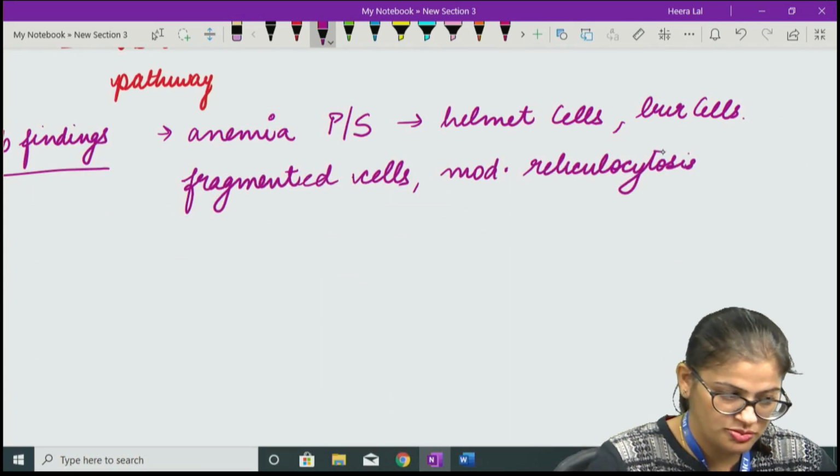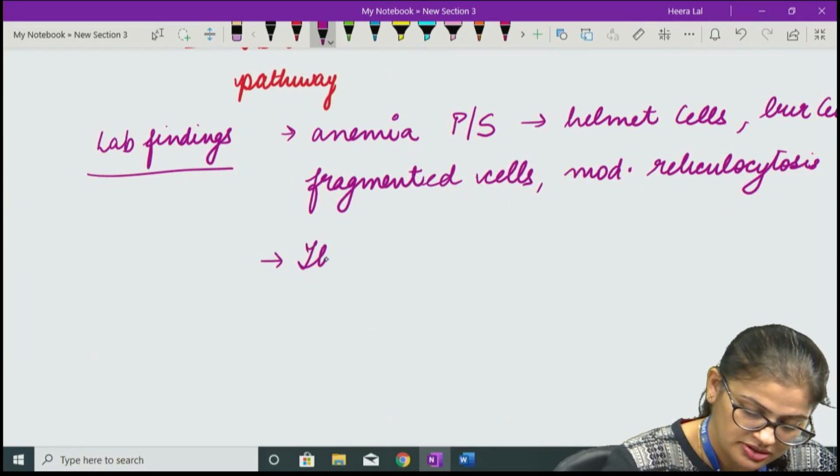Along with that, there would be thrombocytopenia as well.